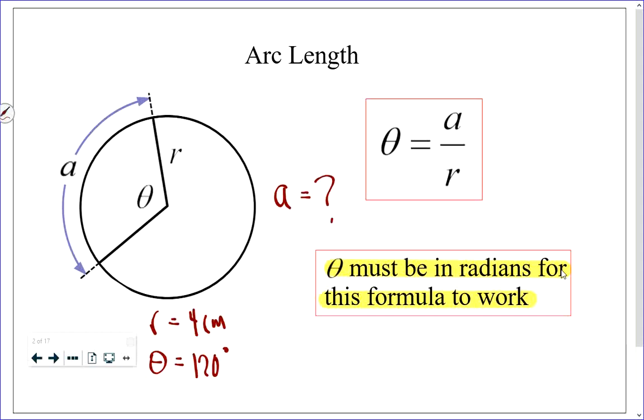If you just took the radius, which is 4, times 120, you're going to get 480 centimeters. That doesn't even make sense. The radius of the circle is only 4 centimeters. How can the arc length be 400 centimeters? So that might be a clue to you that when you calculate an arc length or a radius or an angle, you've done something wrong. Okay, so you have to be working in radians for that formula to work.